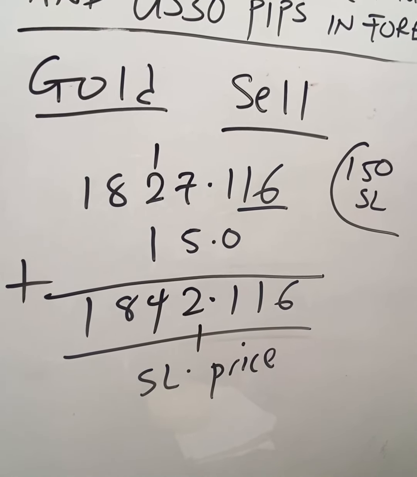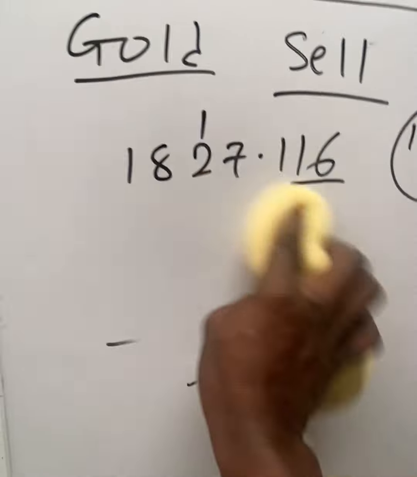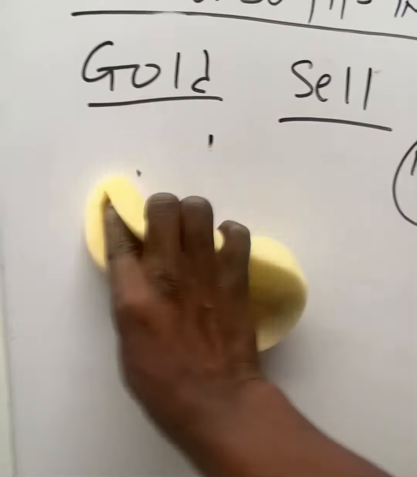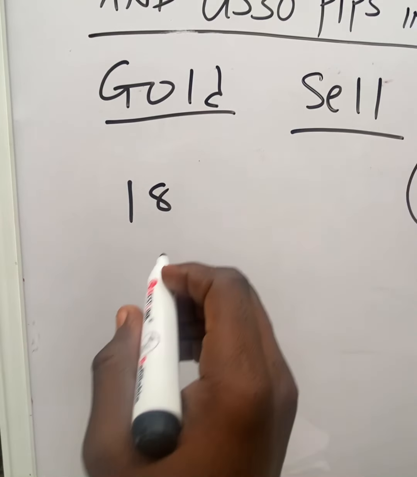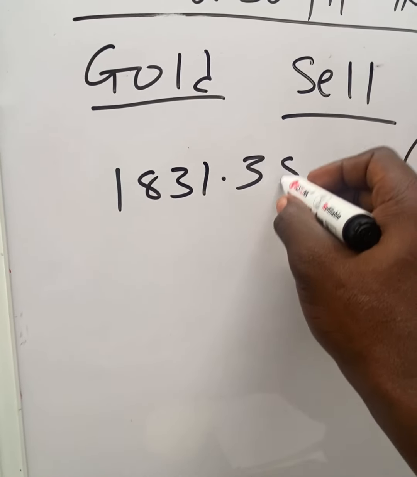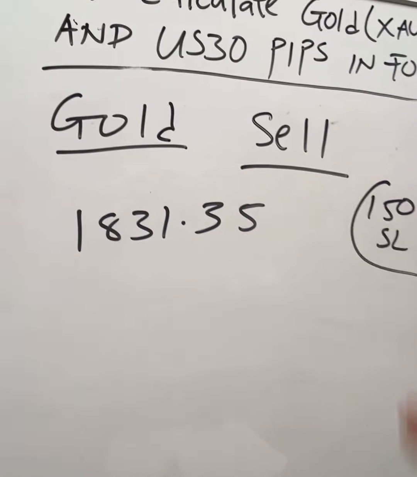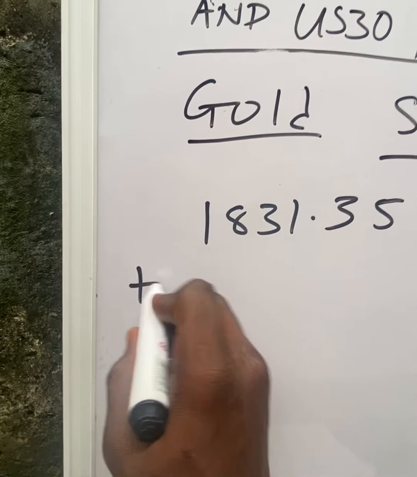Do you understand that? So another example for the MT5 price. 1831.35 from the MT5 price. We're still given the same 150 pips for sell. So we have to add it for sell.